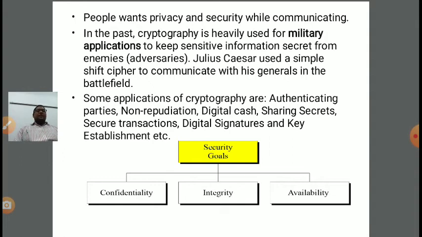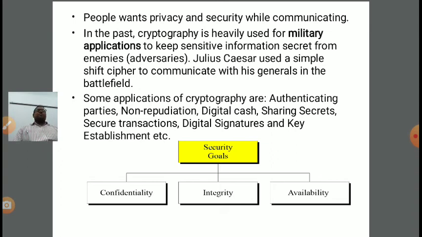Some applications of cryptography are authenticating parties, non-repudiation, and digital cash. If we want to transfer digital cash from one account to another, it should be done in a secure manner, so we use cryptographic code for that. Sharing a secret should be private communication.